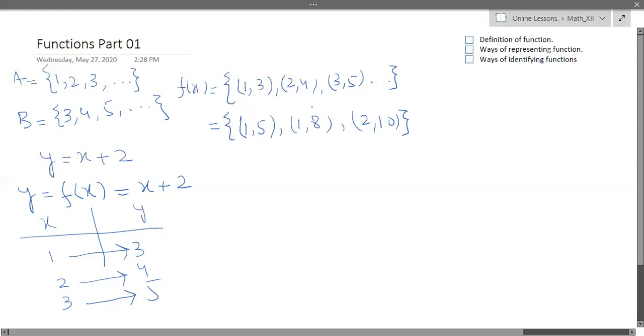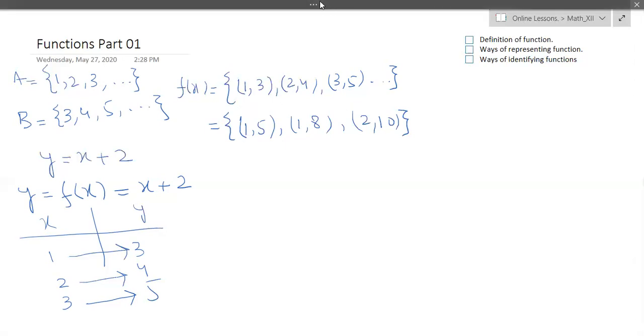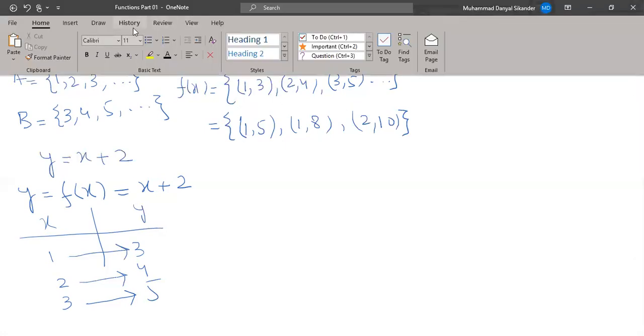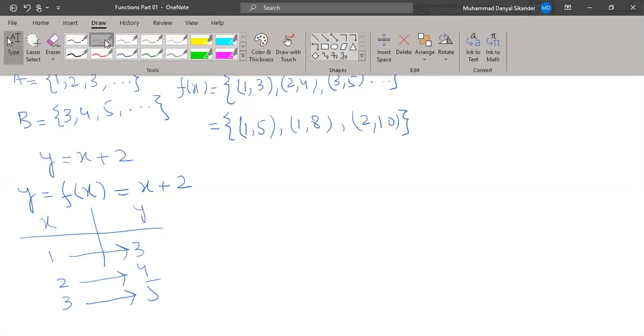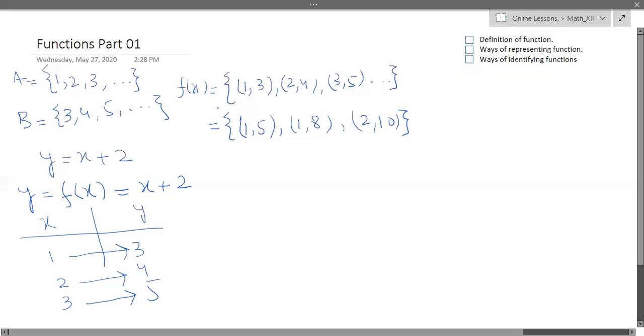In this case, we have output of 5 for 1, and we have output of 8 for 1. So we have two different outputs for a single input, which is not the case for a function, so it is not a function.